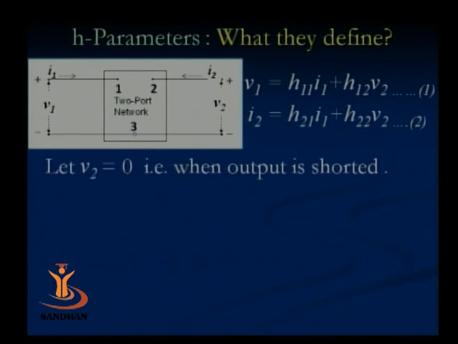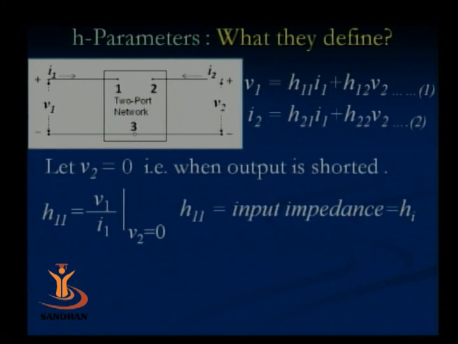So in equation 1, as V2 equals 0, we get V1 equals H11 I1 only. Therefore H11 equals V1 over I1, mind well, when V2 equals 0. Now H11 equals V1 upon I1 when V2 equals 0.